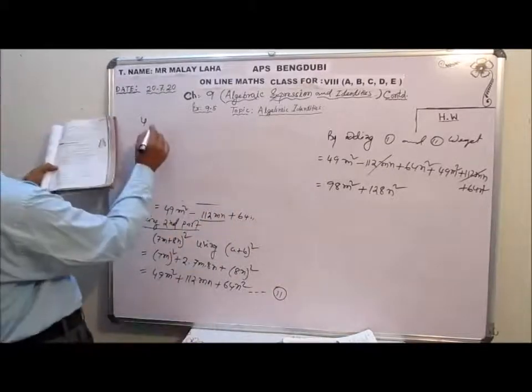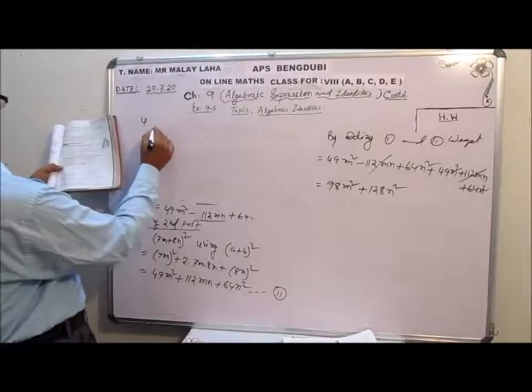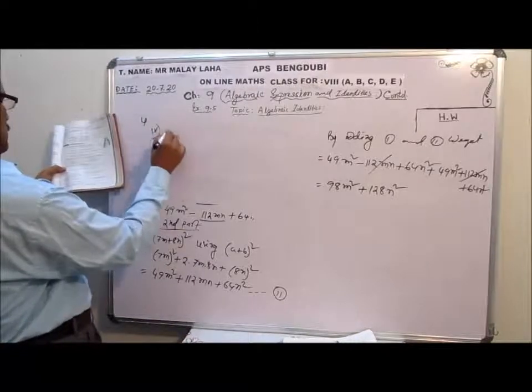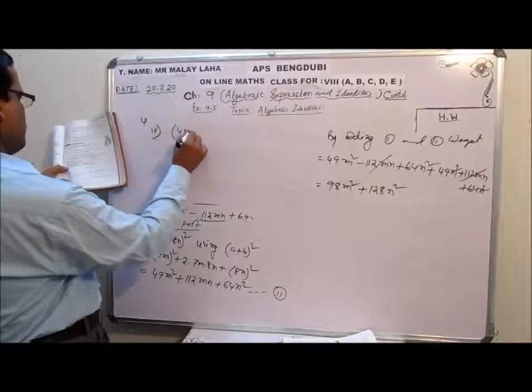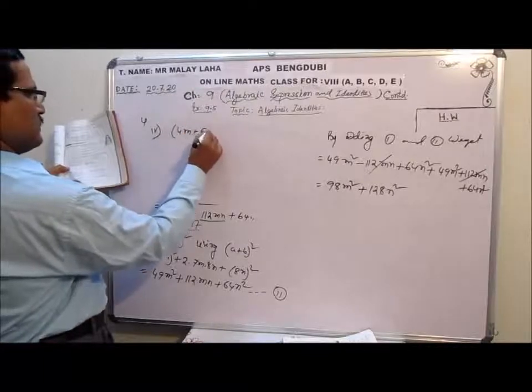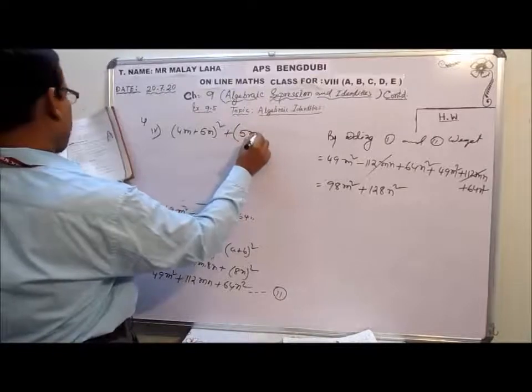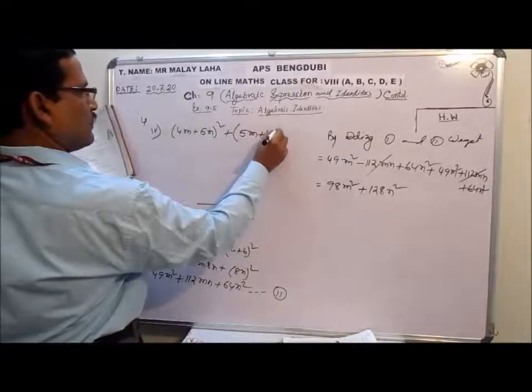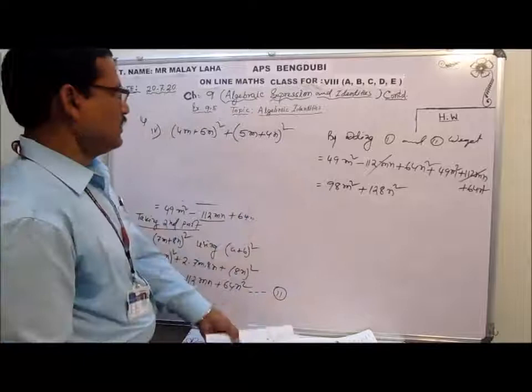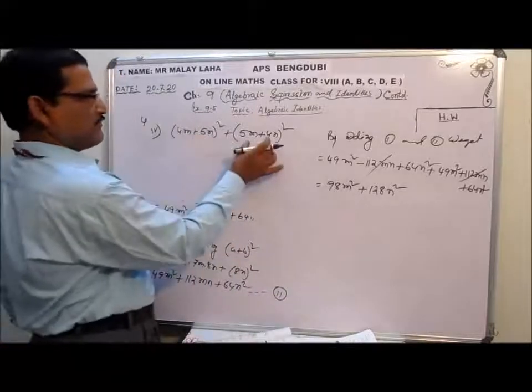Question number 4. 4m plus 5n whole square plus 5m plus 4n whole square. Nothing, same. First part, second part.